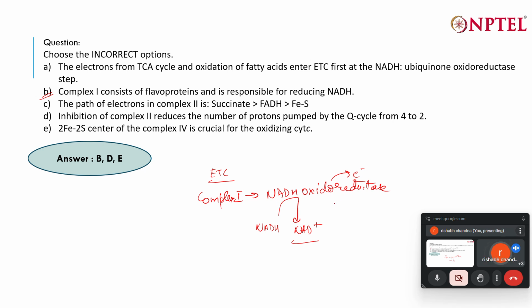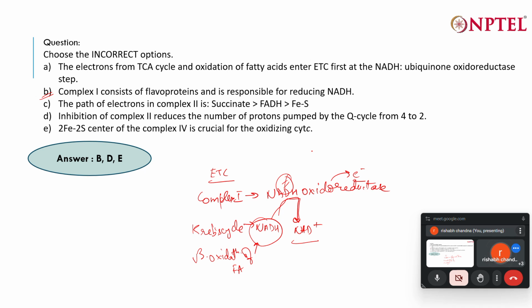NADH is actually being produced from Krebs cycle or the TCA cycle and beta oxidation of fatty acids. So these two processes lead to production of NADH, and NADH enters ETC. So this is the first step in the case of ETC.